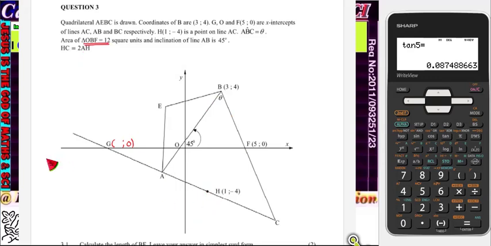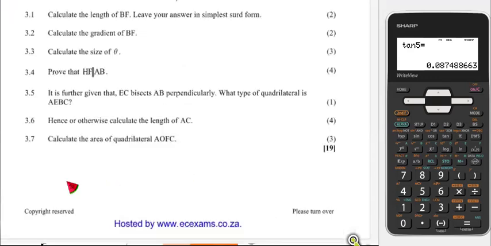So if this part here is X, then this one here is double. It's 2X. Are we good? All right. That's what they say. It's twice there. Let's read the first question.